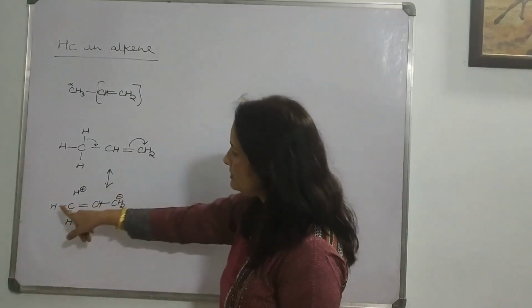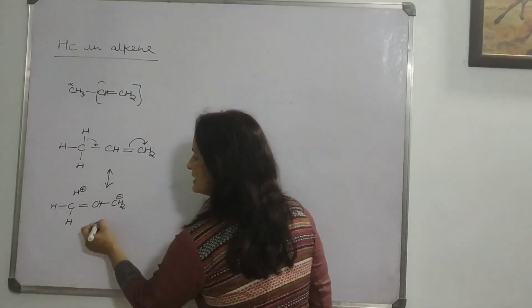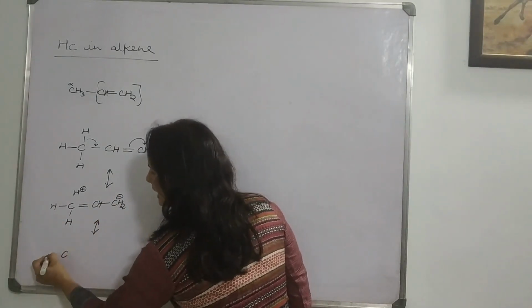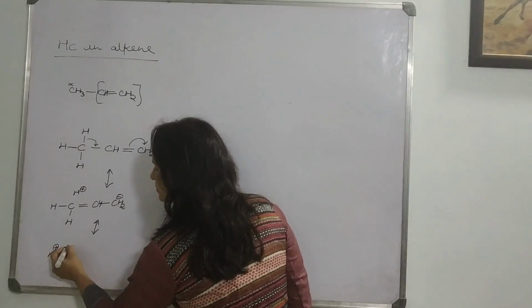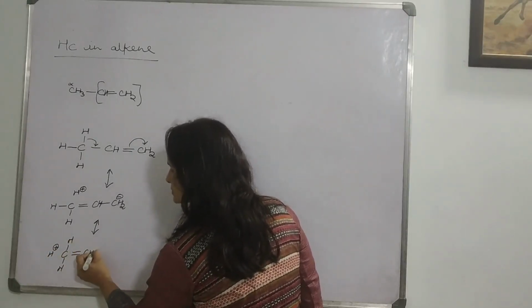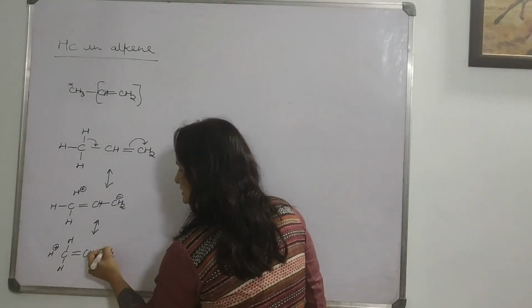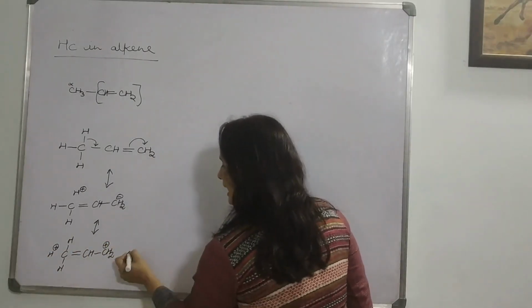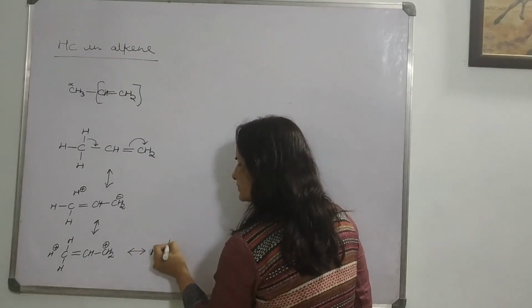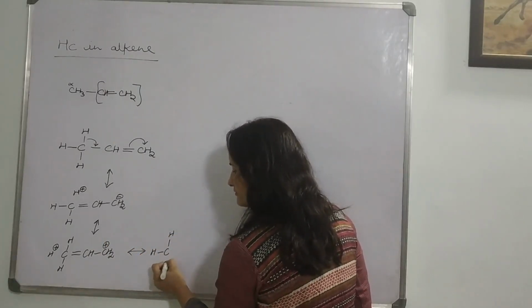The same thing will happen with the other two. So for as many alpha hydrogens as there are, that many hyperconjugative structures are going to form, and we can have final structures like this. These are the three structures, and the fourth structure will be similar to the carbocation. It will run in the same way.